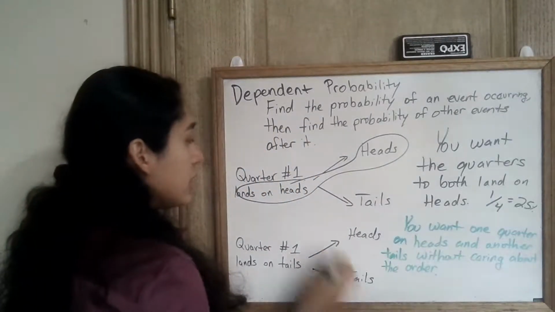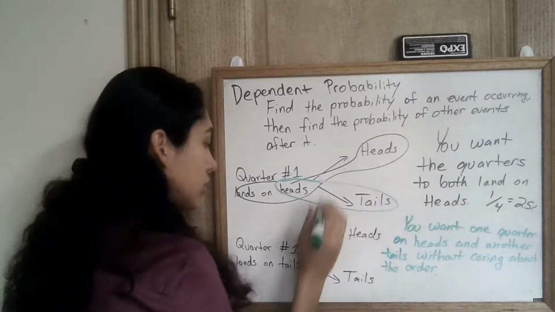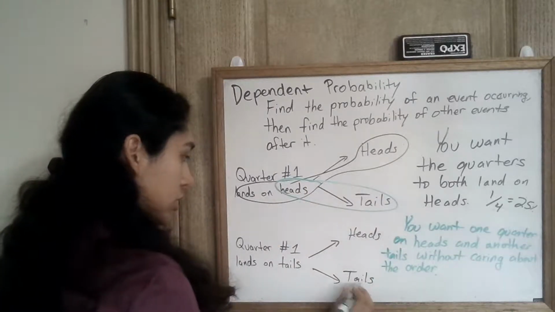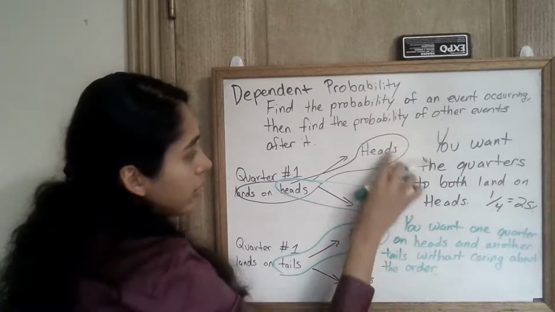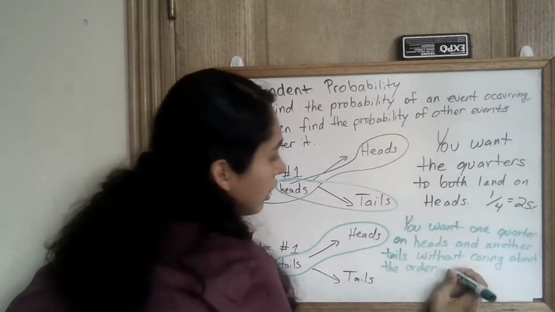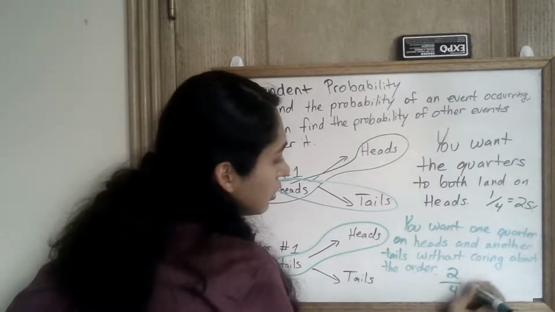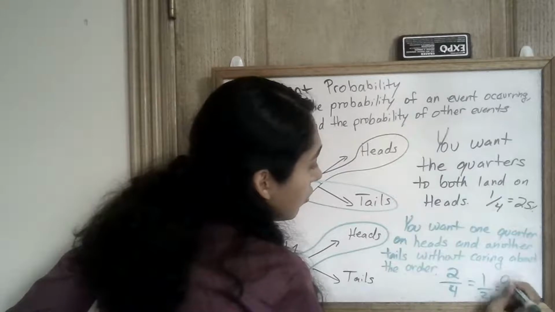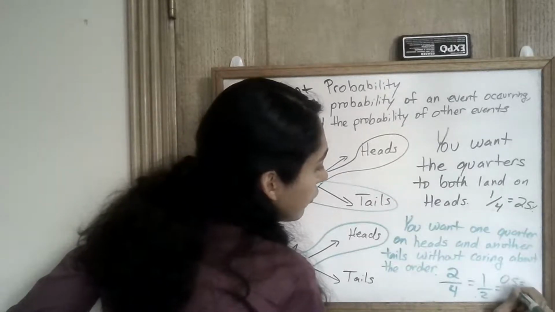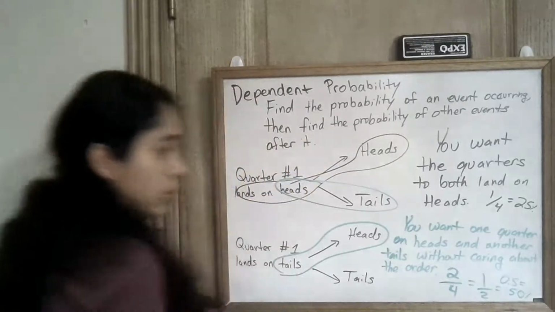Okay, so heads and tails exists here. And tails is right here, so it's going to be tails and heads. So we have 2 out of 4. Same thing as 1/2, or as 0.5, or 50%. Ta-da!